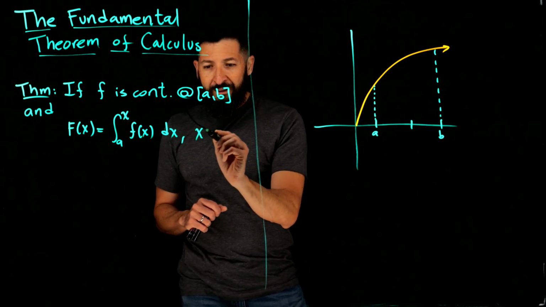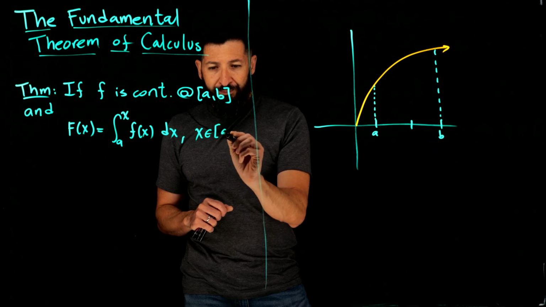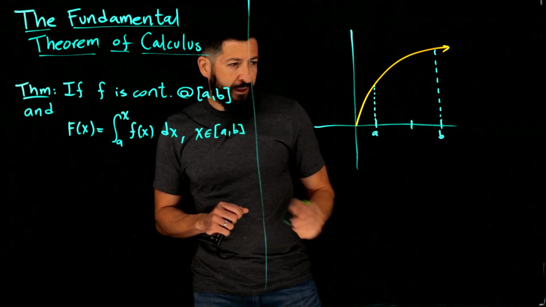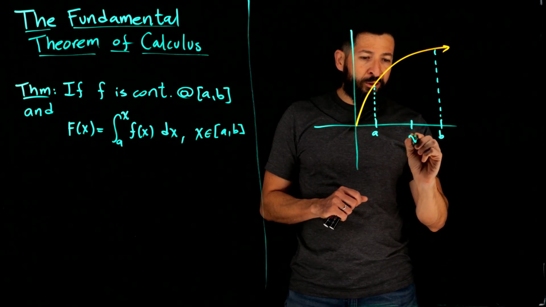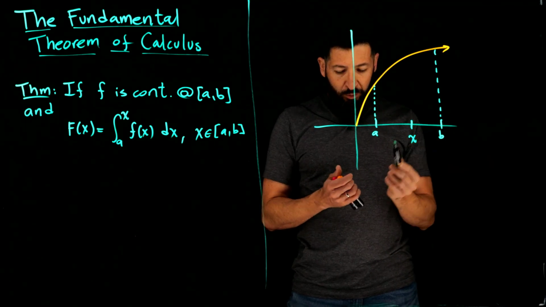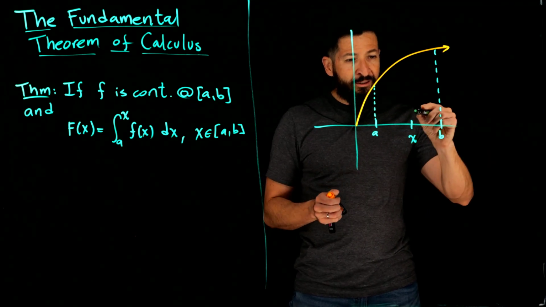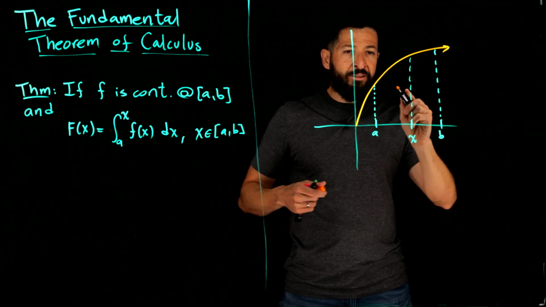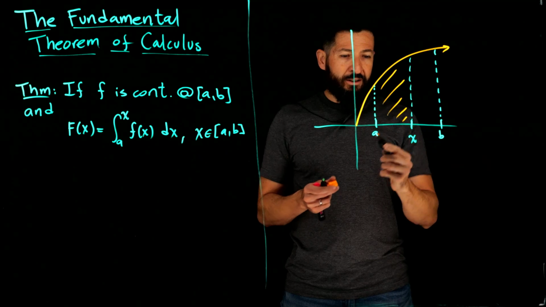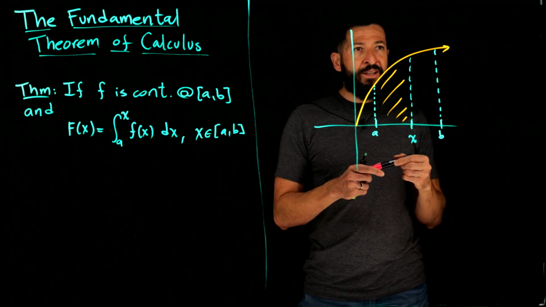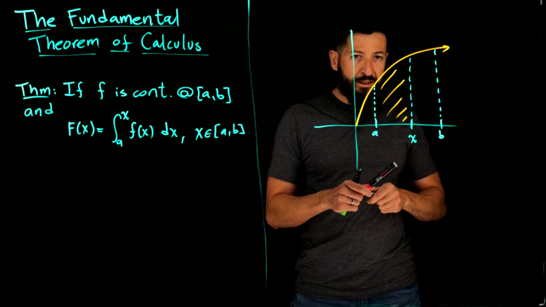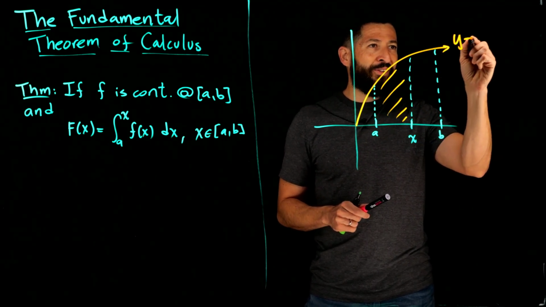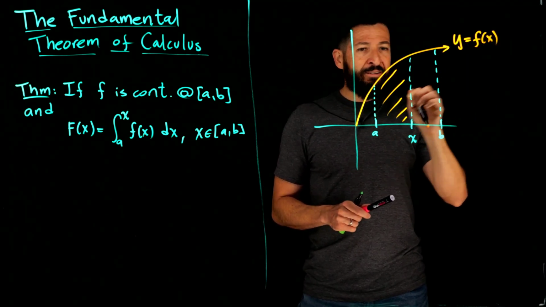X is in [a, b]. All right, so x is somewhere in between here. Okay? So what the function capital F is doing is just giving you the area under the curve y equals f of x. So it's giving you the area under the curve.